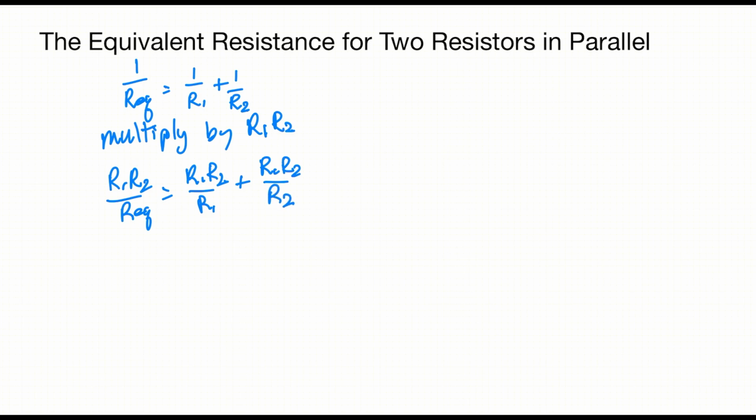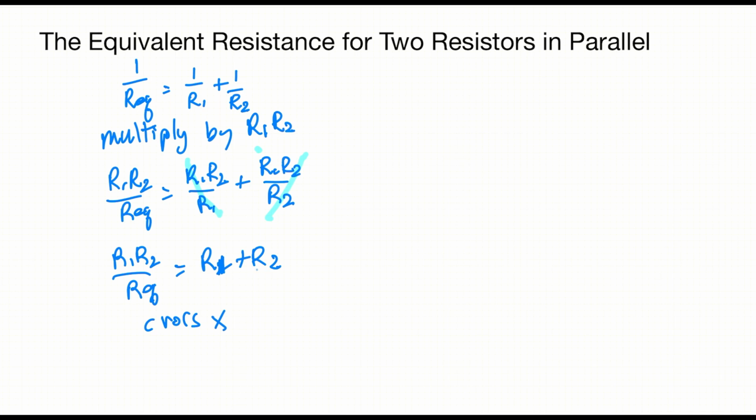Now we see that the R1 and R1 cancel out here, and the R2 and R2 cancel out here. So what we're left with is R1 R2 divided by R equivalent is equal to R2 plus R1, that is, R1 plus R2. Now we're just going to cross multiply to put things in a more convenient form.